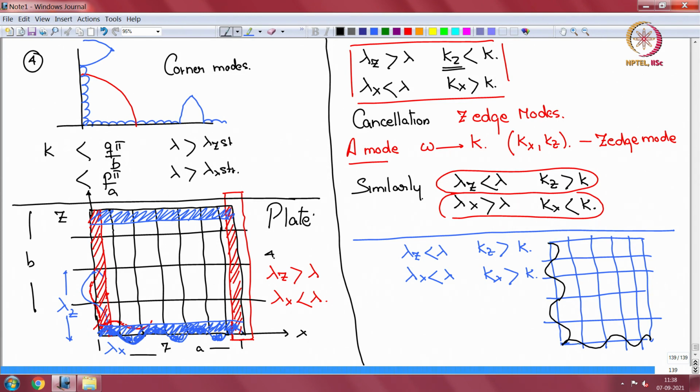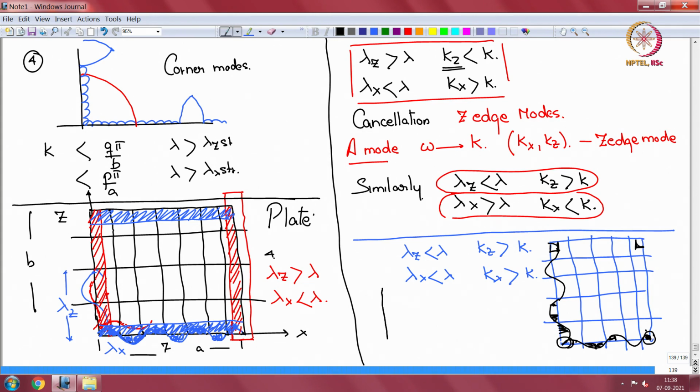What will happen is cancellations will occur here, each neighboring quarter cell, but one quarter cell will remain uncancelled here. Similarly, everything else will cancel here, except one quarter cell will be left, and similarly one quarter cell here.